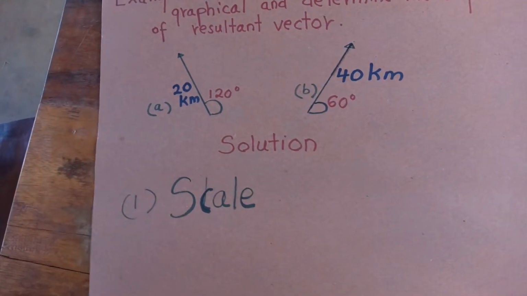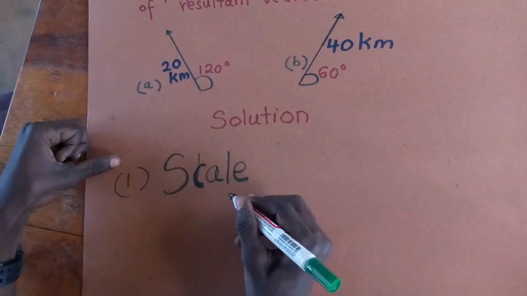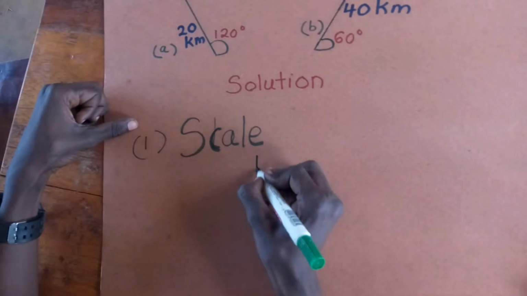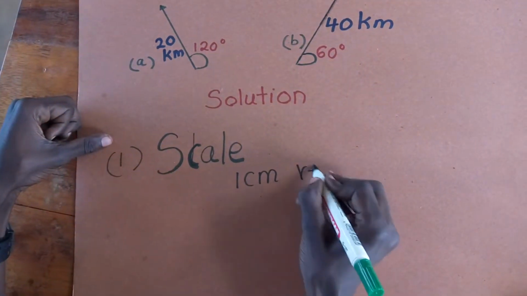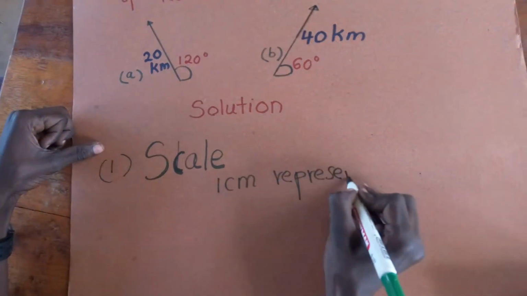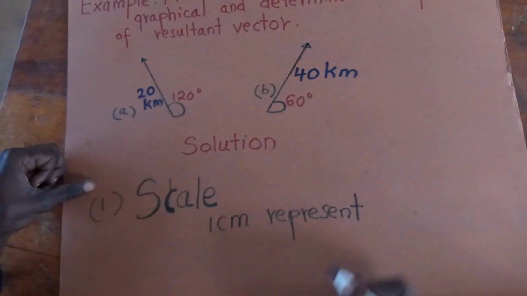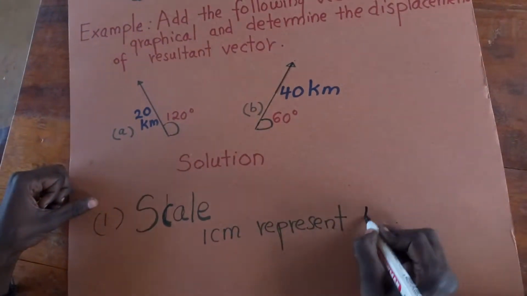My scale is 1 centimeter represents 4 kilometers.